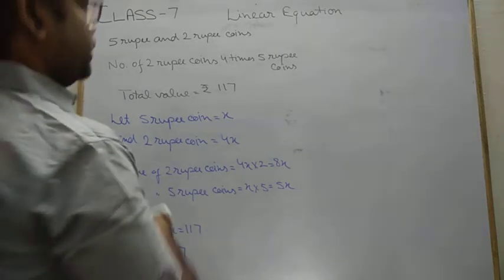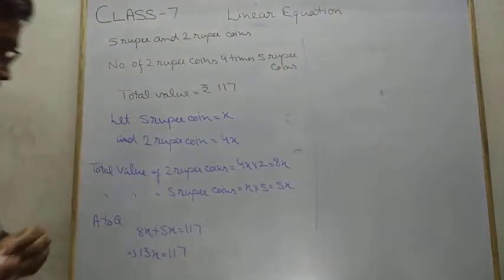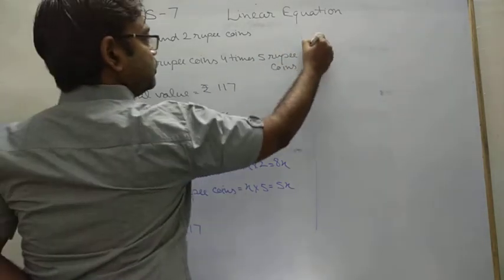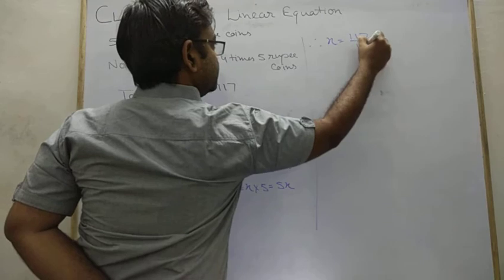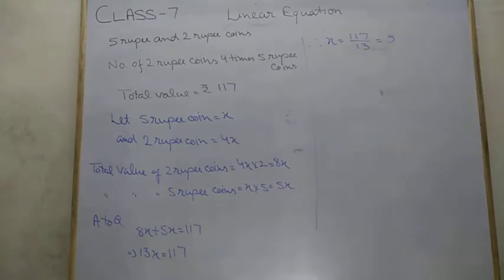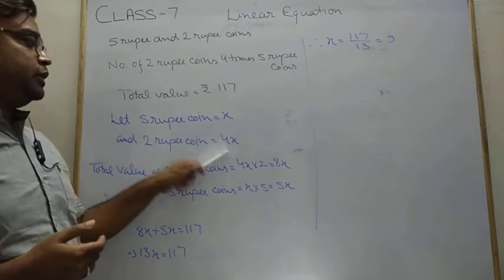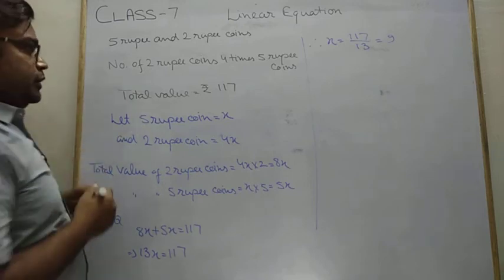Now we come to this part. 13x equals 117, so we can easily solve. Therefore, x equals 117 by 13 equals 9. That is the value of x. And so, number of 5 rupee coins is x and number of 2 rupee coins is 4x. Write down the answer.